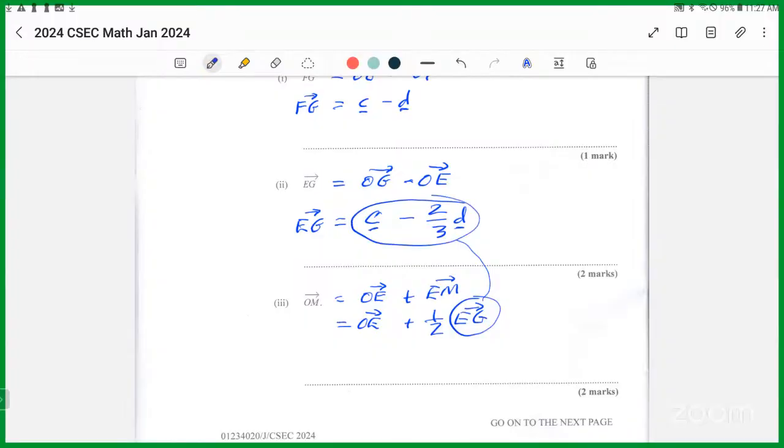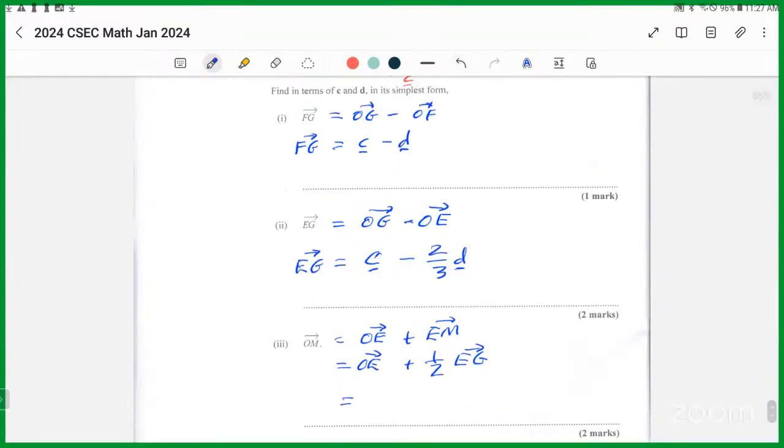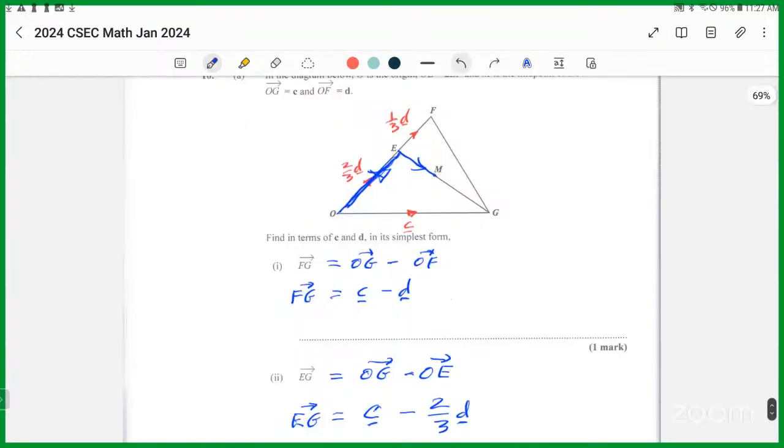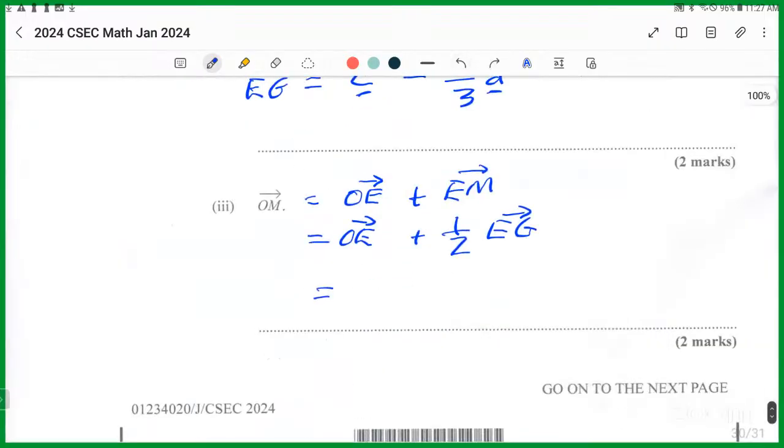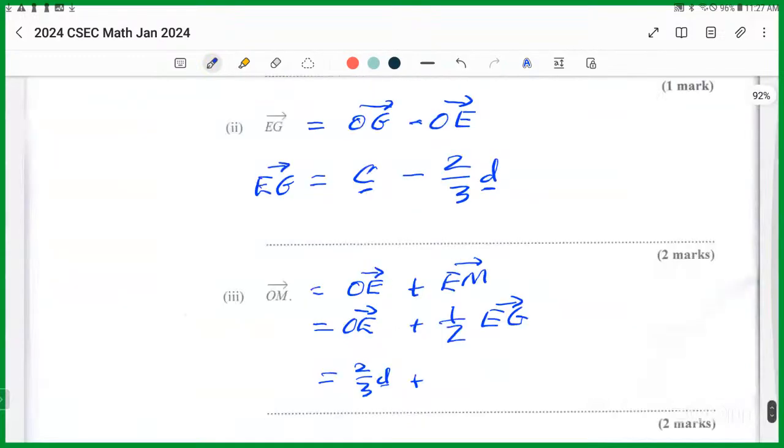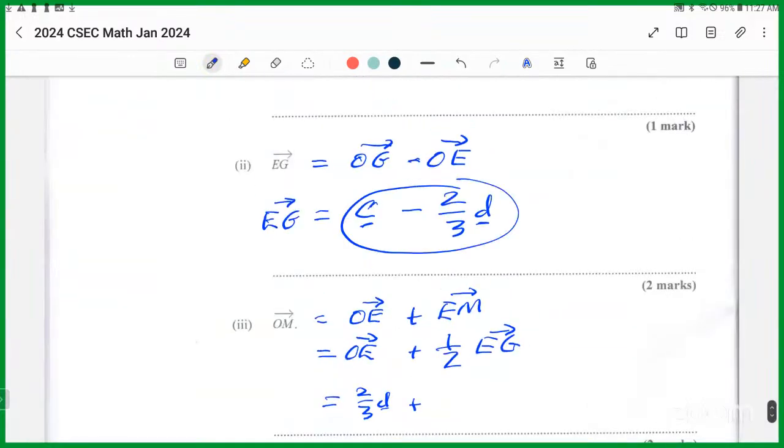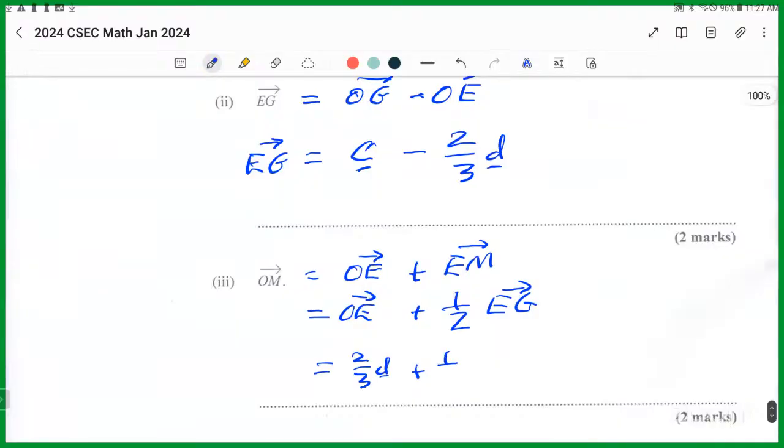And then we can put in the values, because we have to give the answer in terms of the small c and the small d, remember. So the OE based on the diagram is right here, 2/3 D, plus half of this. We're taking half of that. We take half of this part first, which is half C. And then you take half of this.